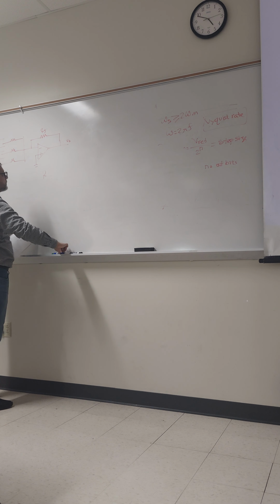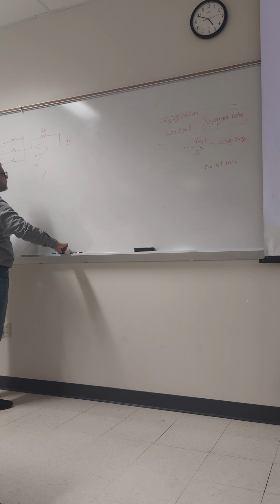At first, if we try to find the equivalent output voltage, we already know the equation. The equivalent output voltage V0 is equal to minus RF times V reference times V2 by R, V1 by twice R, and V0 by 4R, right? RF is already given as R, and V reference is given as 5 volt.